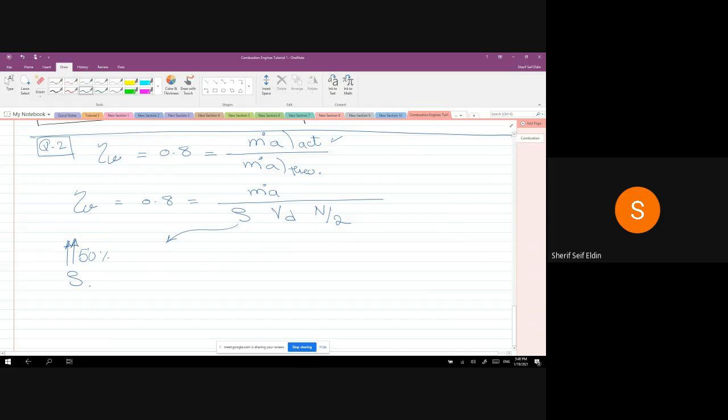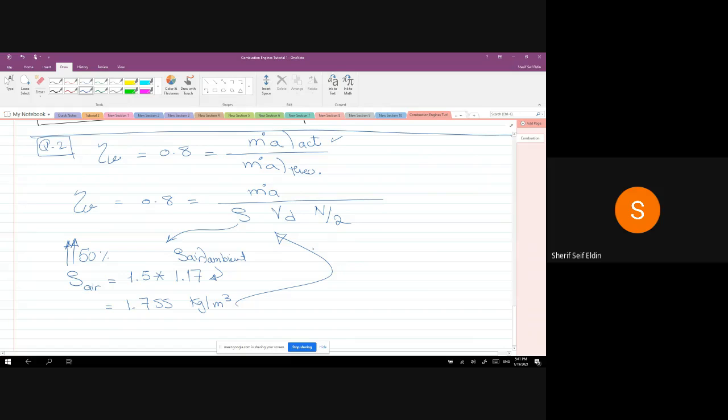So rho of air at this point is 1.5 multiplied by 1.17, which is given. 1.17 also is rho of ambient air. Correct. So this is the rho of ambient air. So rho of air that is going to be used here is going to be 1.755 kilogram per meter cube.